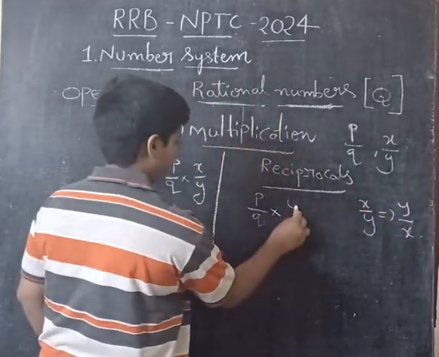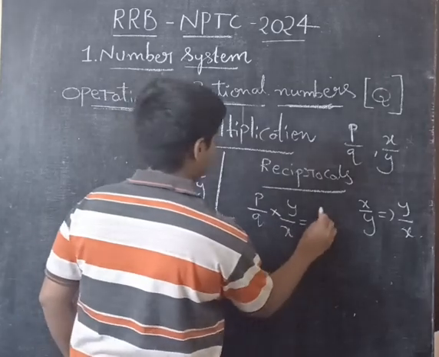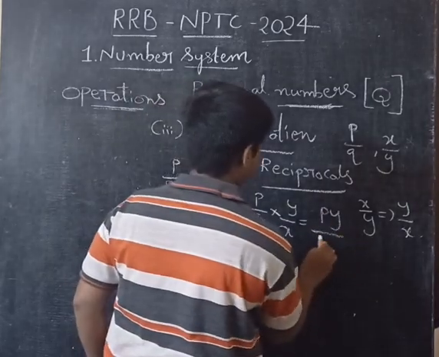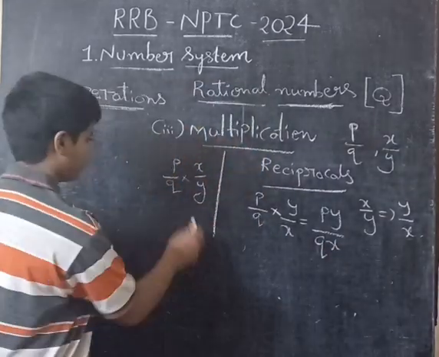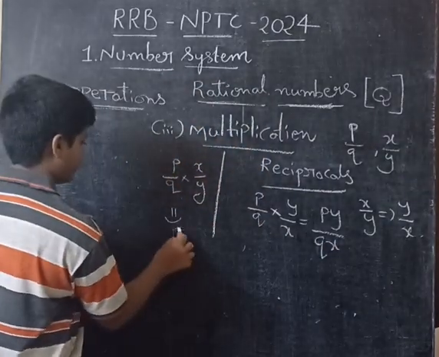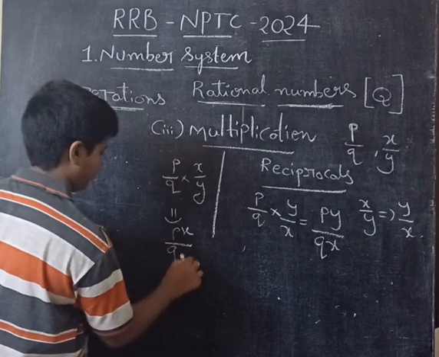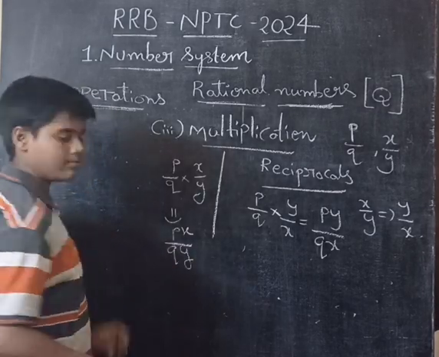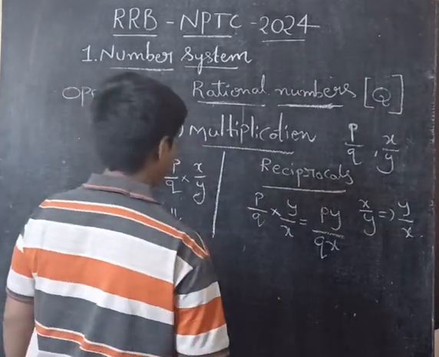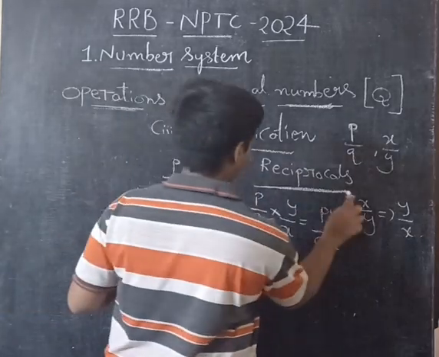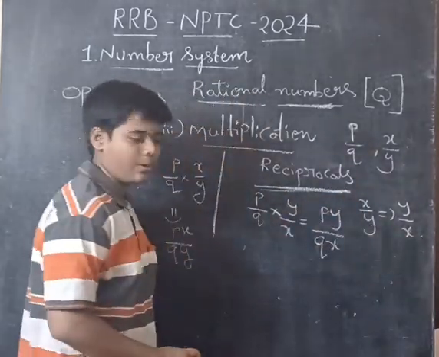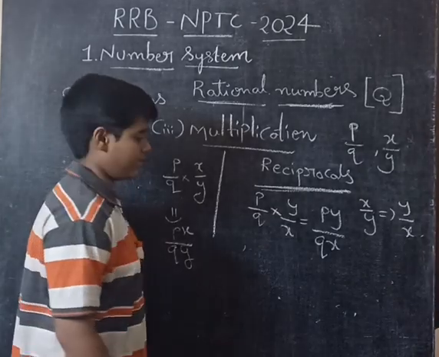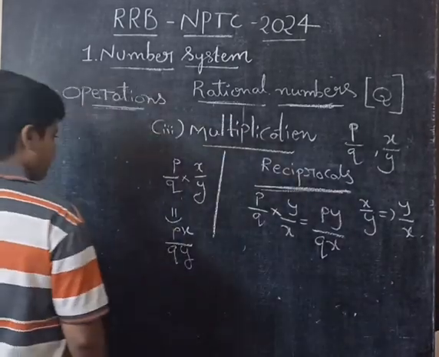So p by q into y by x is nothing but py by qx. This is very important: reciprocal means reversing the numerator and denominator values. So this is the multiplication.